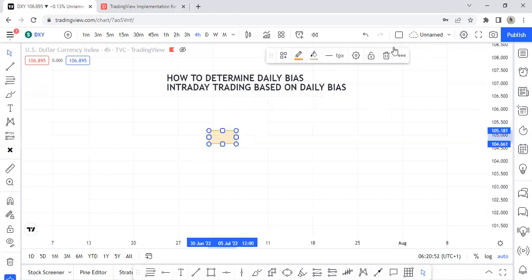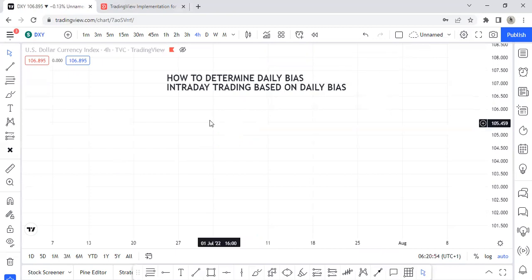What do I mean? When you're trading intraday, it simply means that your trade should not exceed 1 day, or let's say at most 24 hours. That means you're trading in between 1 minute, 2 minutes, 3 minutes, 10 minutes, 2 hours, 3 hours, 4 hours, 6 hours, 10 hours. But the point is that it should not exceed the day.